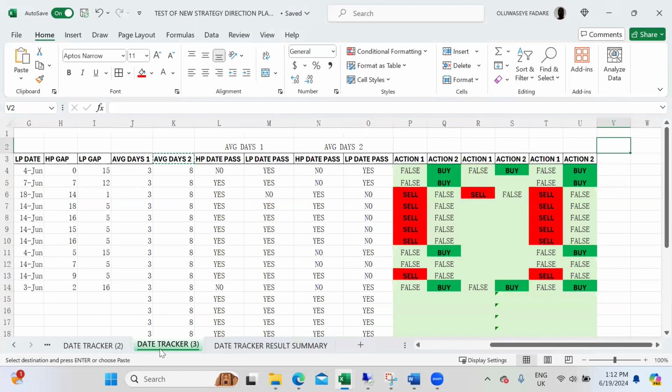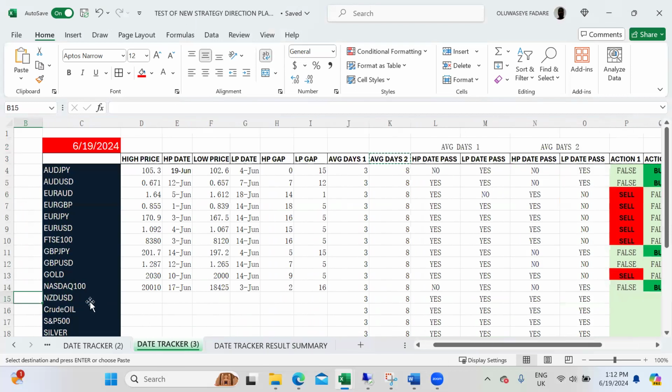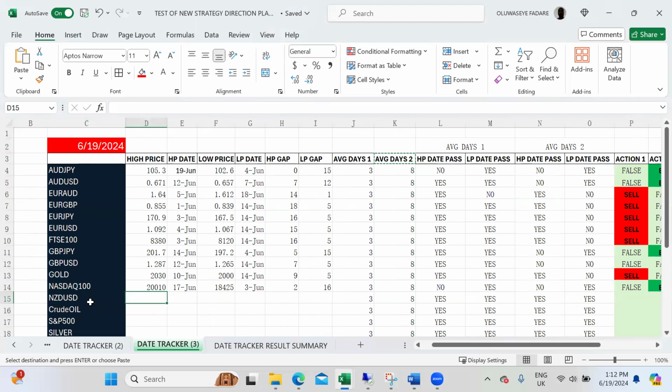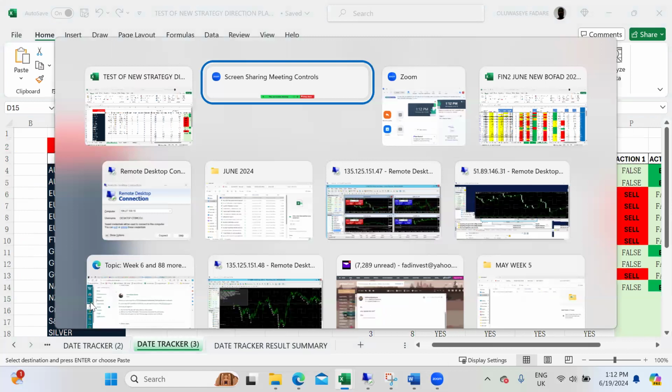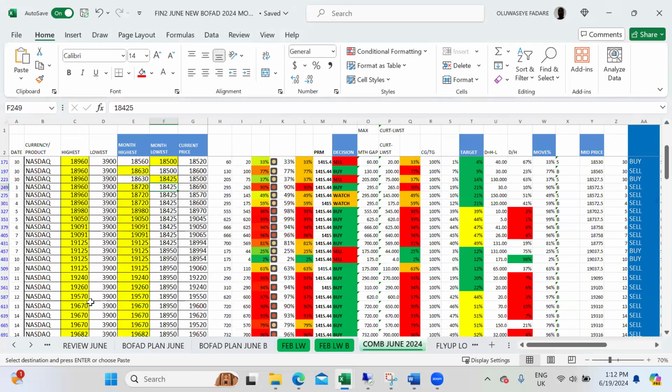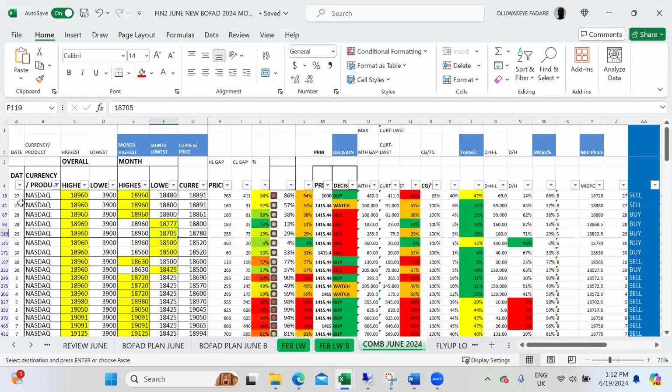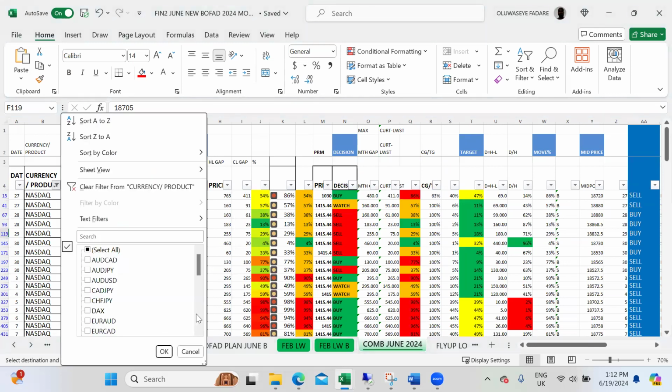So how do we get the tracker report? Let's do New Zealand USD. You are going to make use of these reports, which you call the Bofad monthly. So identify New Zealand USD.